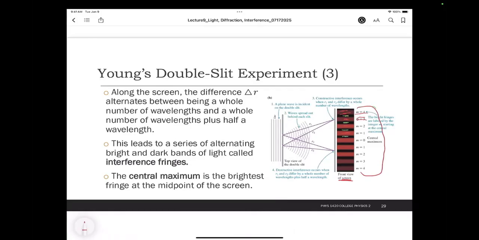These bright and dark bands of light we call interference fringes. The central maximum is the brightest fringe at the midpoint of the screen.